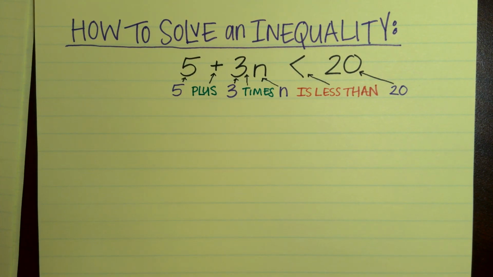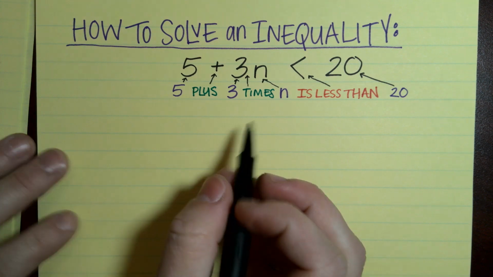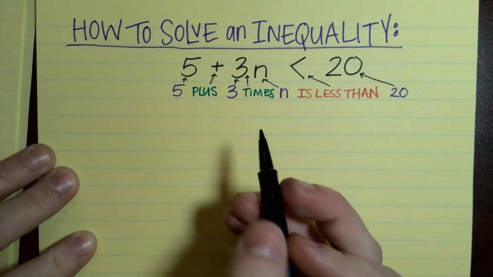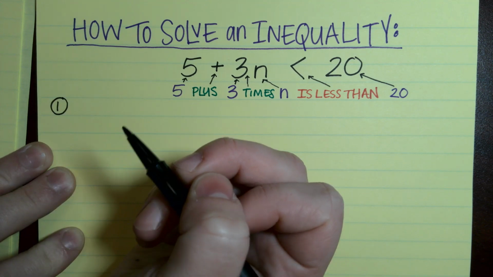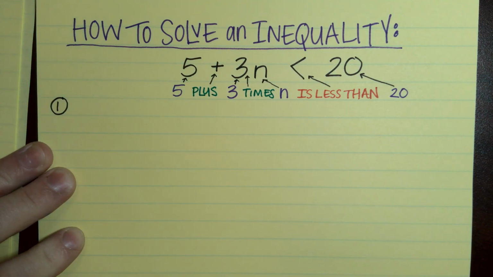Okay. So now that we know how to read it, it's a little bit easier to identify what operations we have and what needs to come first, second, third, all of those things. Making sure we understand what we're writing means is very helpful for solving. So the first thing that we always want to do, and this is more of a mental note than a labeling type thing, but in your brain, the first thing you're doing is identifying what operations are there.